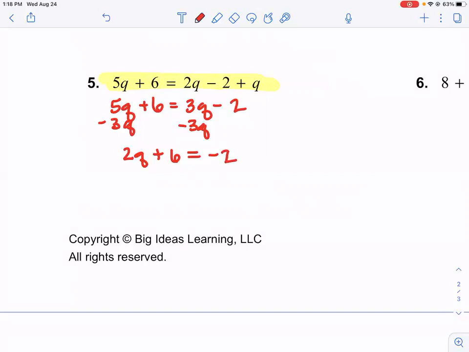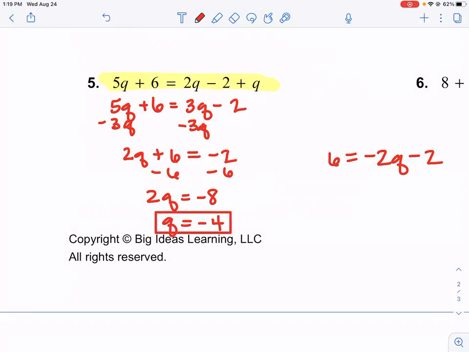If you did the other way, you would have 6 equals negative 2Q minus 2. Either way is fine. If you subtracted the 3Q over, then we would need to subtract 6 to get 2Q equals negative 8, so that Q equals negative 4.